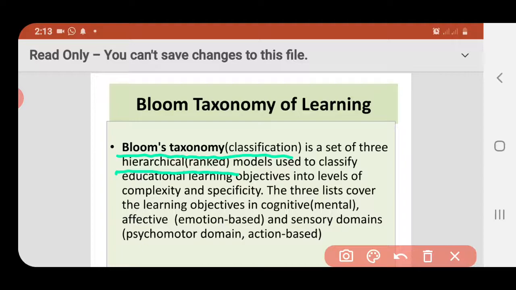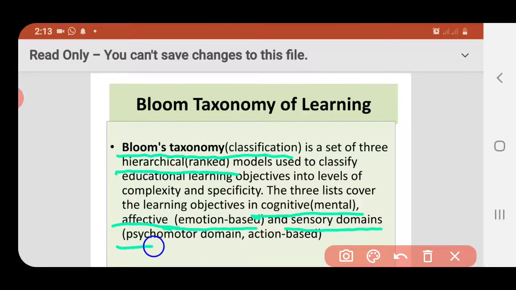The three lists cover the learning objectives in cognitive, which is related to mental ability, affective domain, which is based on emotions, and the sensory domain, which is based on action. Another name for the sensory domain is psychomotor domain.